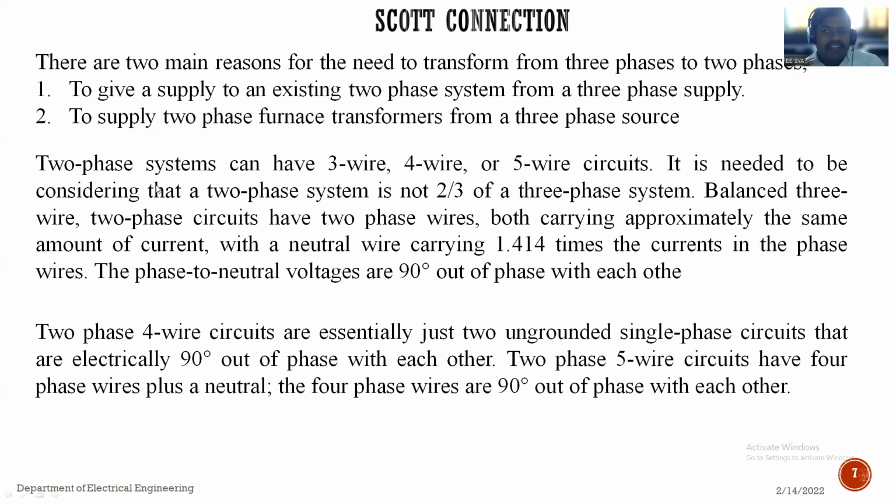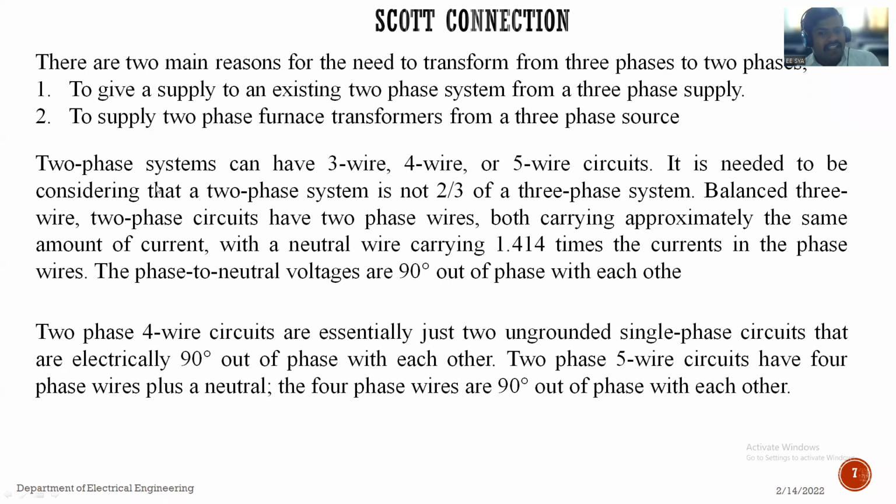If a 4-wire system is there, that means 3-phase and 1 neutral terminal, then also we are able to convert it into 2-phase, and 5-wire circuit also. So see, it needs to be considered that a 2-phase system is not 2/3 of a 3-phase system. We will not consider that the 2-phase system voltage will be 2/3.